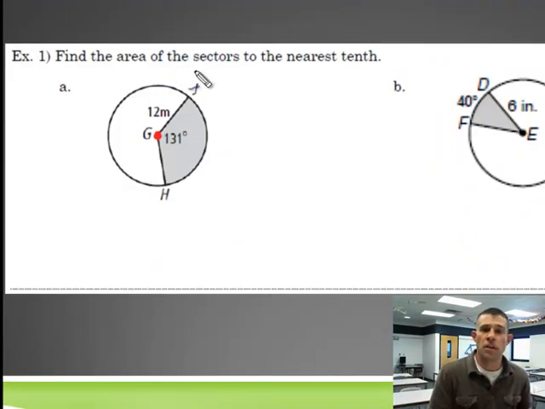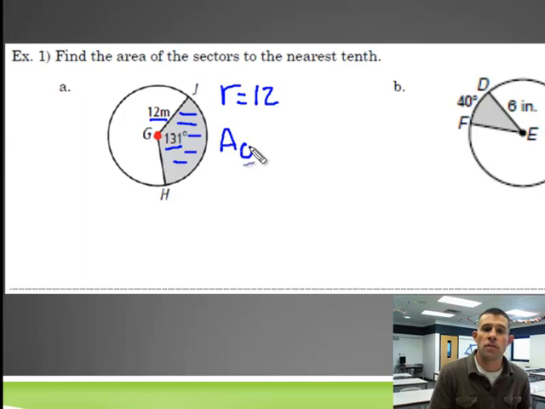In this first example, it says to find the area of the sector to the nearest tenth. Remember, we're going to take a look at our sector and see what information they gave us. The central angle JGH is 131 degrees, and I see that the radius of this circle is 12. Those are the two pieces of information that I need to know in order to find the area of this sector.